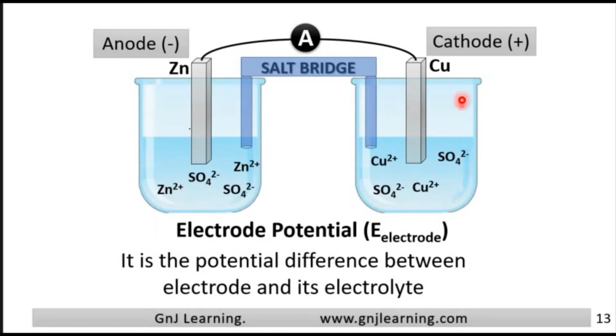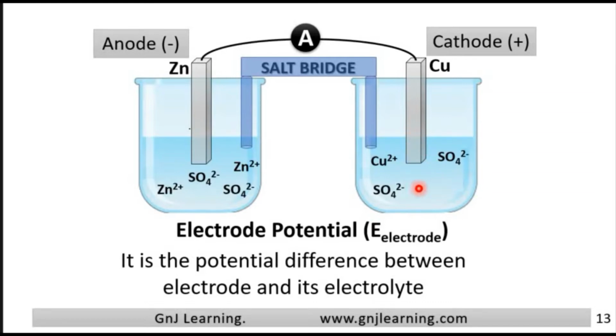Now let's see how the cathode gets a positive potential. In the cathode, it's always reduction that takes place. Reduction means positively charged Cu2+ accepts 2 electrons. How? It moves slowly to the electrode, and from there it takes 2 electrons. As a result, the electrolyte loses Cu2+, which gets deposited there as Cu.